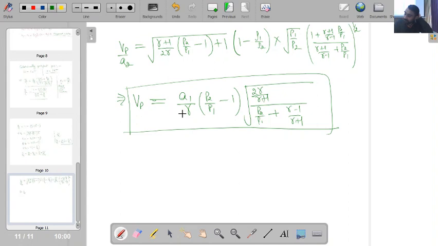Now another important point is we must also be able to predict the maximum value of Vp that a moving shock wave can impart to a stagnant fluid medium. To do so, we can first consider a shock wave of infinite strength.